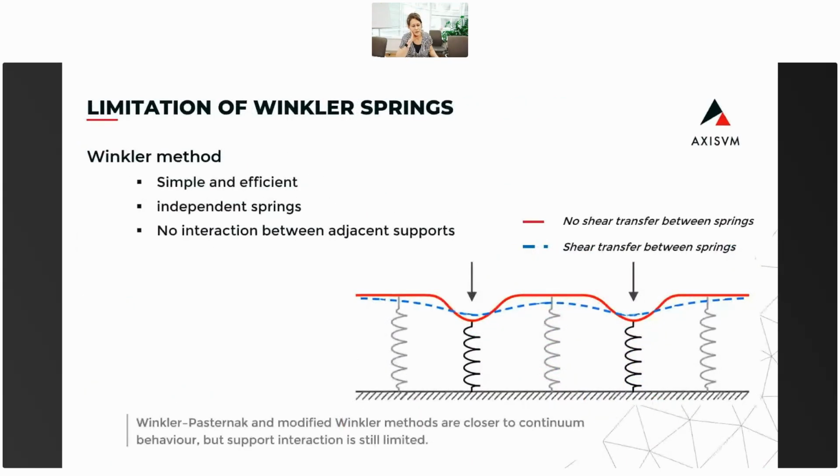Let's say some words about the limitations of the Winkler method. Despite the practical advantages, it still has some limitations. The springs behave as independent systems. The deformation of a spring does not affect the adjacent springs, as shown by the red line. As a consequence, shear transfer within the soil is neglected.